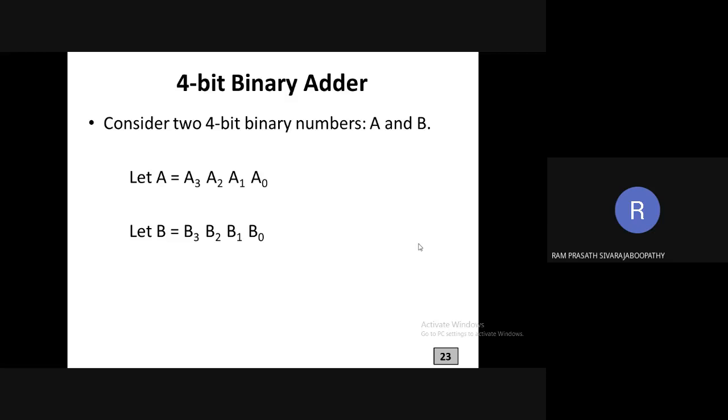So what are we going to use? Here the approach we are going to use is the modular design approach. Modular design approach means how we perform the addition, the same thing can be made with digital logic circuits.